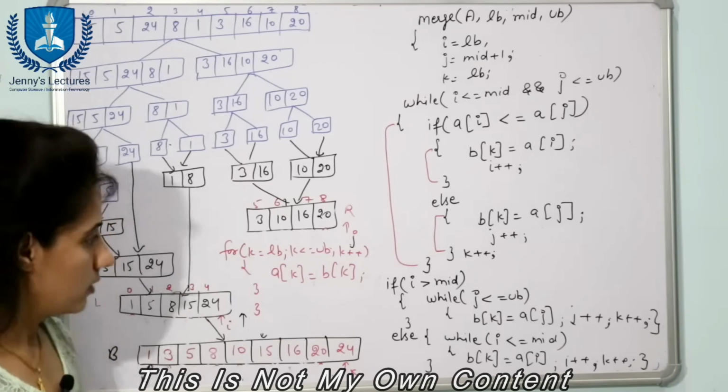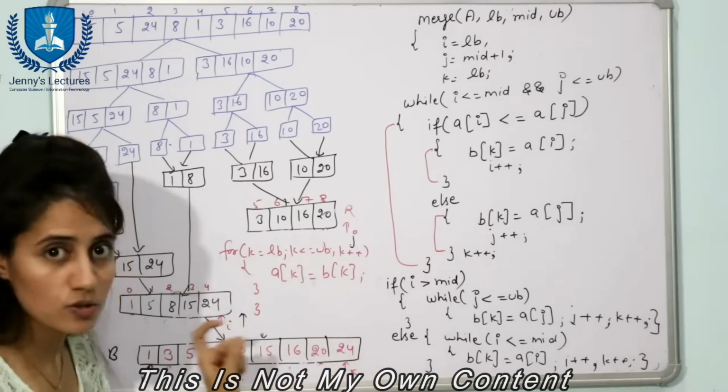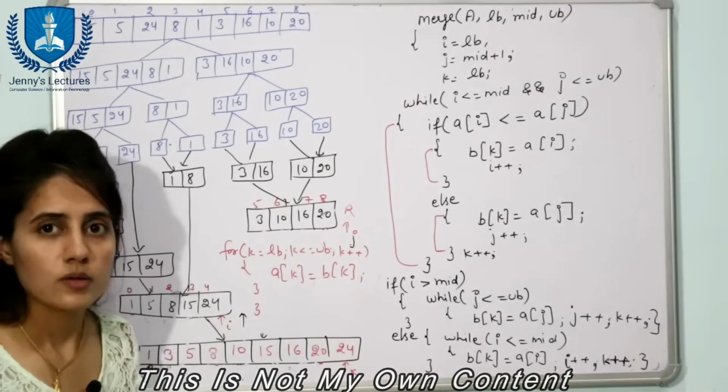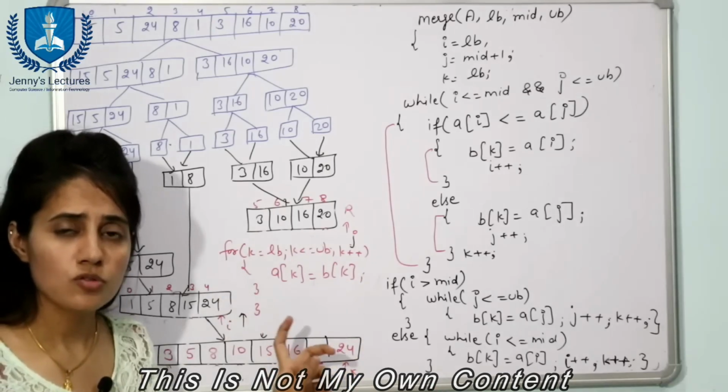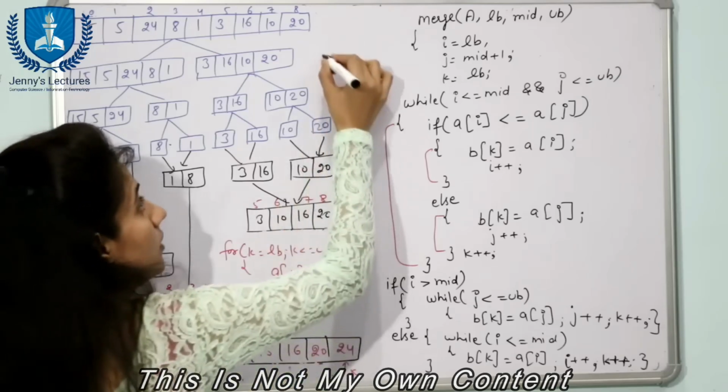Okay. I know this is very congested because I have a shortage of space, but I hope you got the concept of this merge function. And the time complexity for this merge sort, in both the worst case and the best case, is order of n log n.